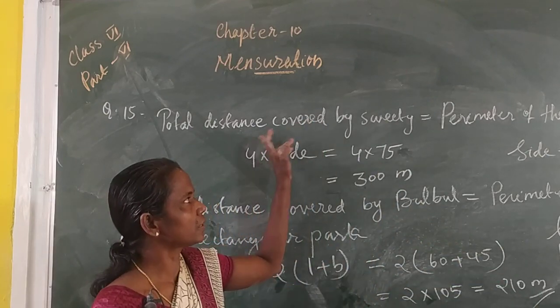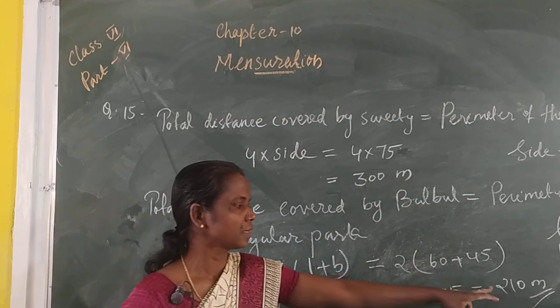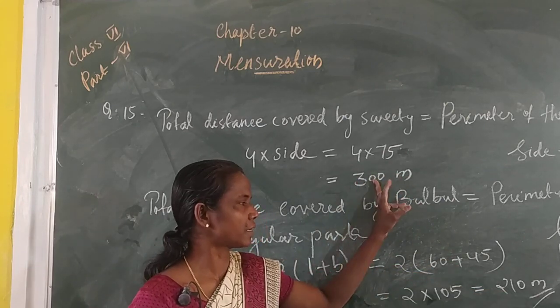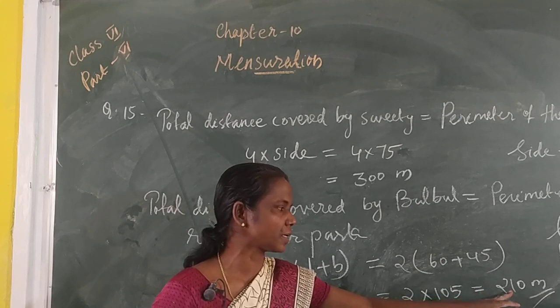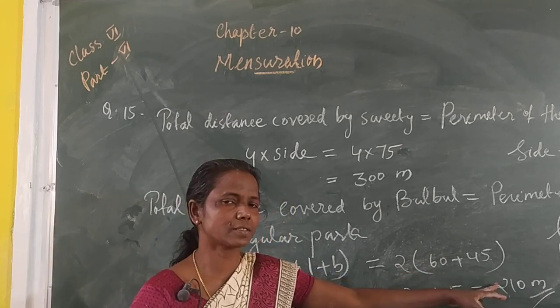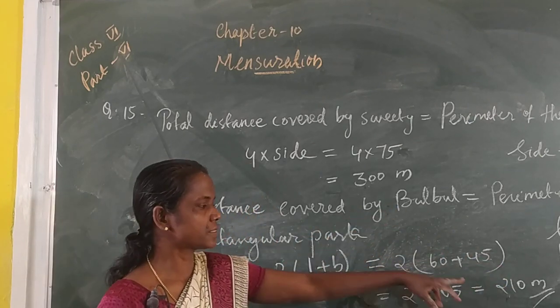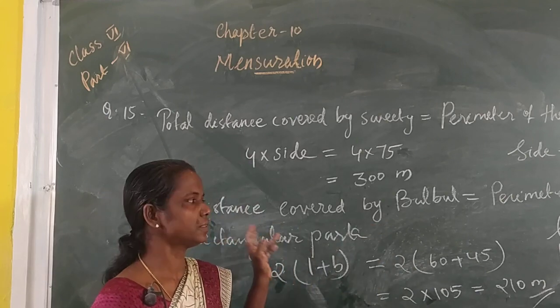Then the total distance covered by CT is 300 meters. So compare these distances. One is 300 meters and the other is 210 meters. So which is less? 210 is less. So who covered this distance? Bulbul covered this distance.